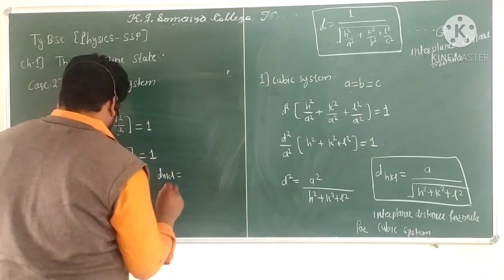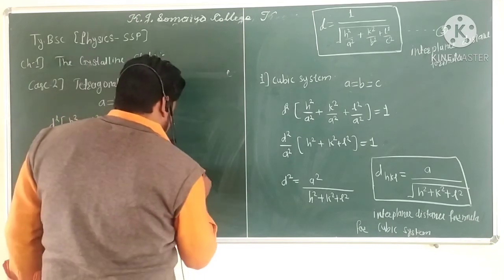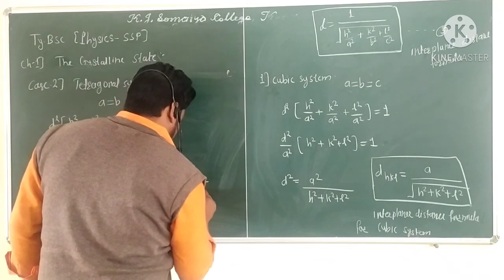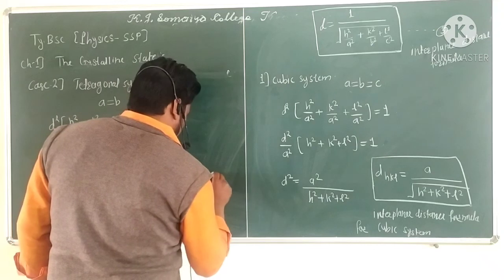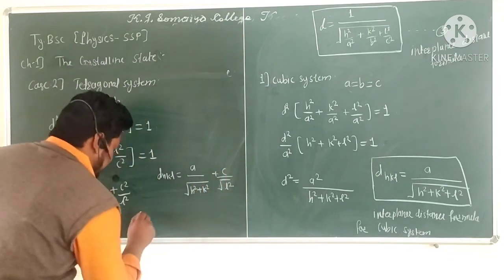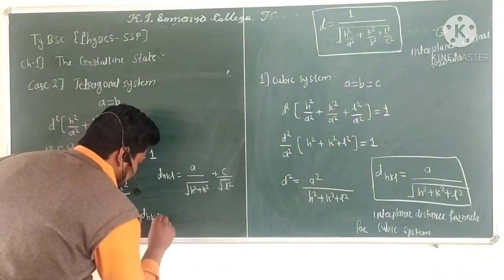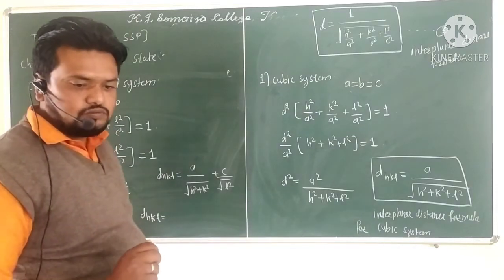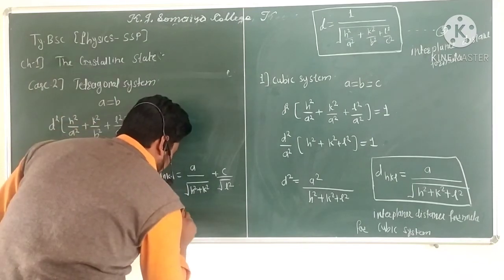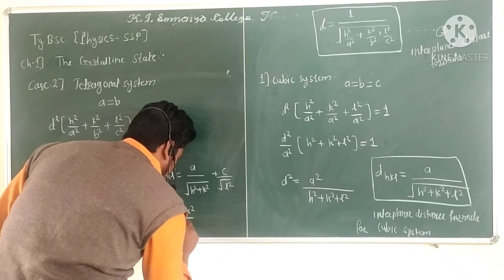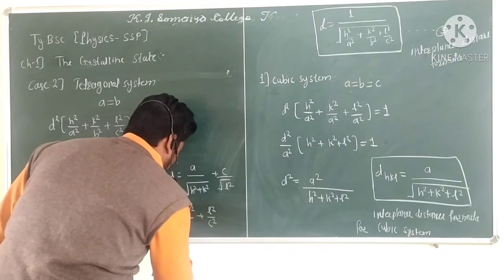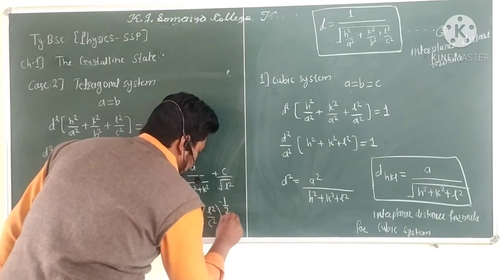is considered as a upon under root of h square plus k square plus c upon under root of l square, or write in terms of d_HKL is equal to h square plus k square divided by a square plus l square upon c square, whole power minus 1 by 2.